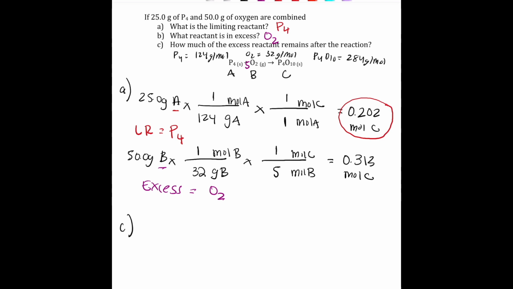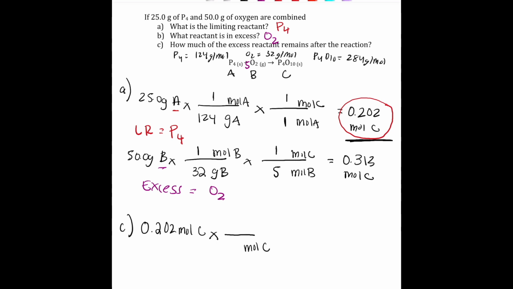How much of the excess reactant remains after the reaction? So we need to say, if we actually make 0.202 moles of C, how many grams of B did it take to do that? So we're going to start with the amount of product actually made. So 0.202 moles of C. And we're going to turn this back into grams of B, or our oxygen.